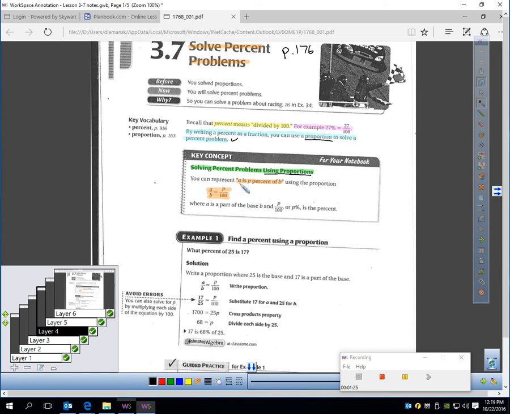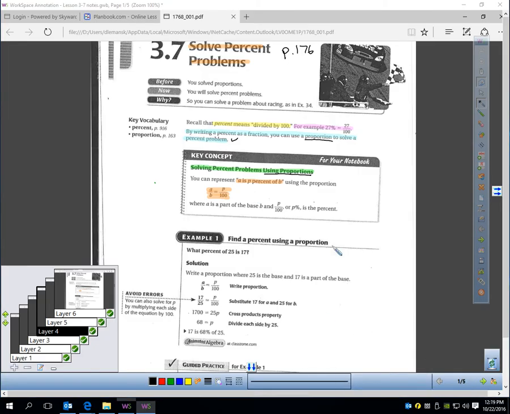It says here if we have A is P% of B, you could use this proportion to solve the problem. Now, I don't think you're going to remember that, so I would write this in your notes, but trying to memorize this is going to be pointless. Here's what you do want to know. When you read these statements, you're going to see an is and an of.